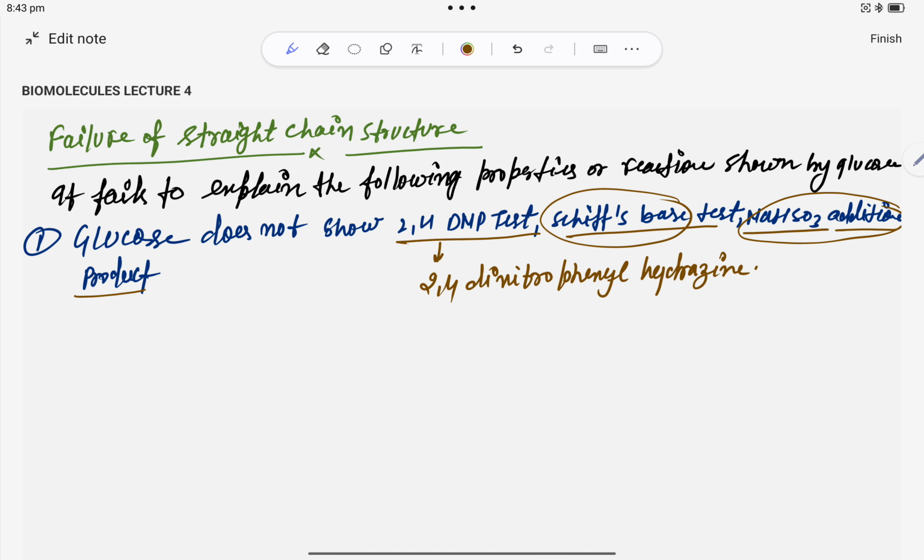What is the structure, children? Here NO2, here also NO2, here NH and NH2. It is your 2,4 DNP.